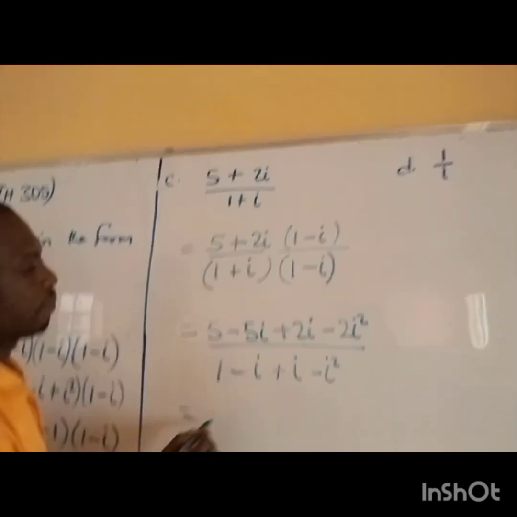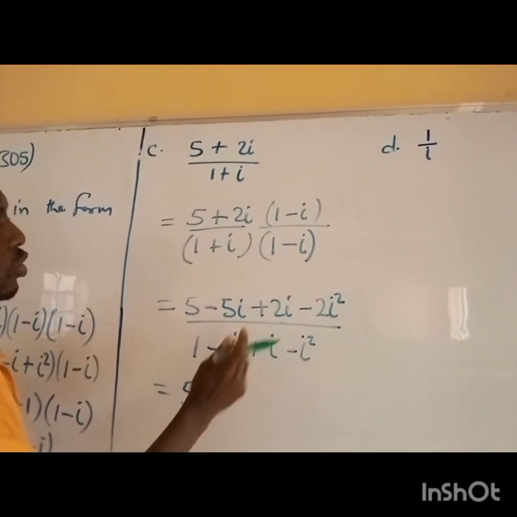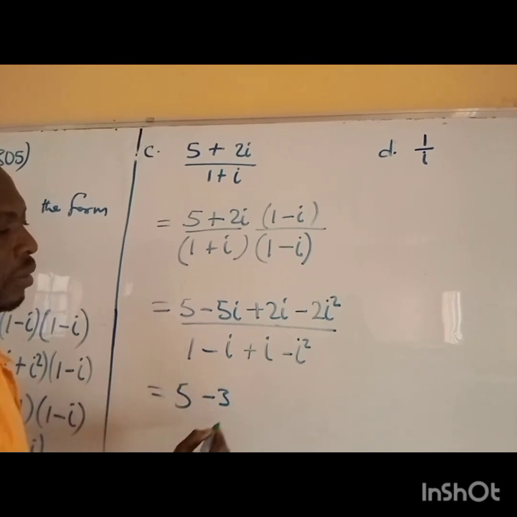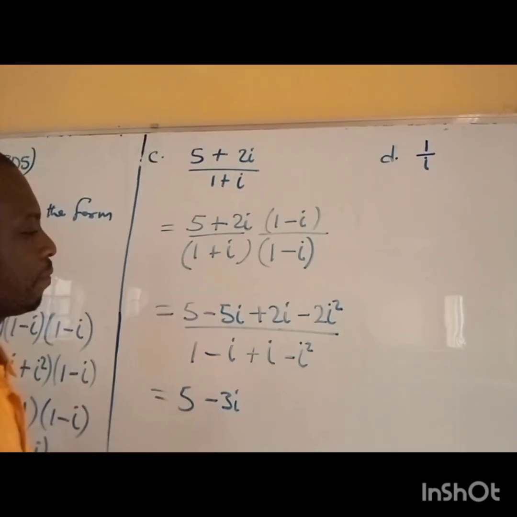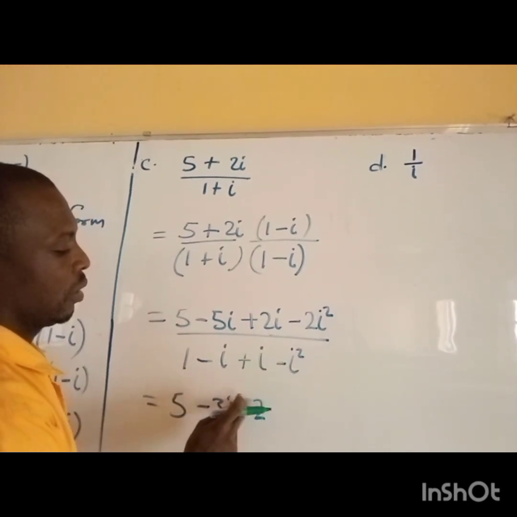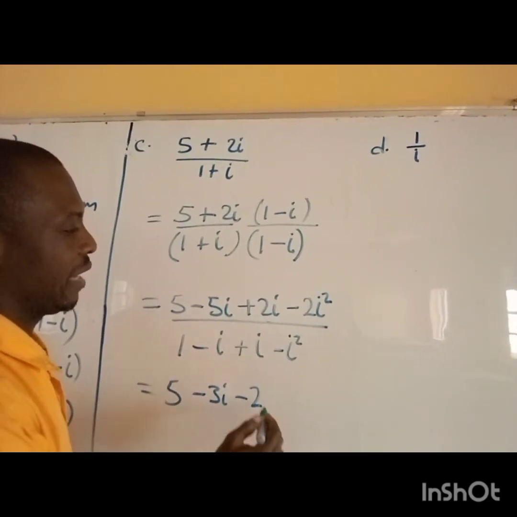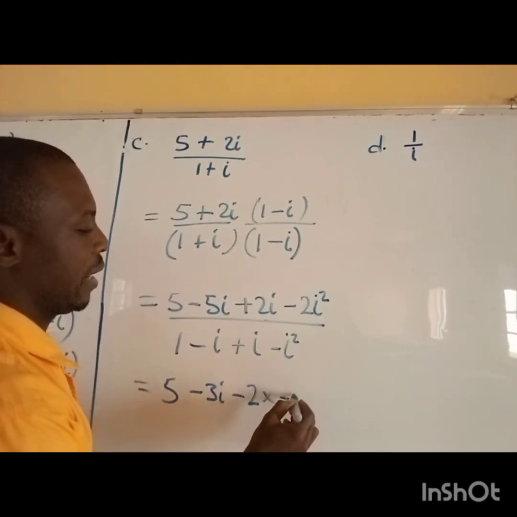Now, this is 5. Minus 5i plus 2i gives us minus 3i, and minus 2 times i squared, and i squared is established that is equal to minus 1.